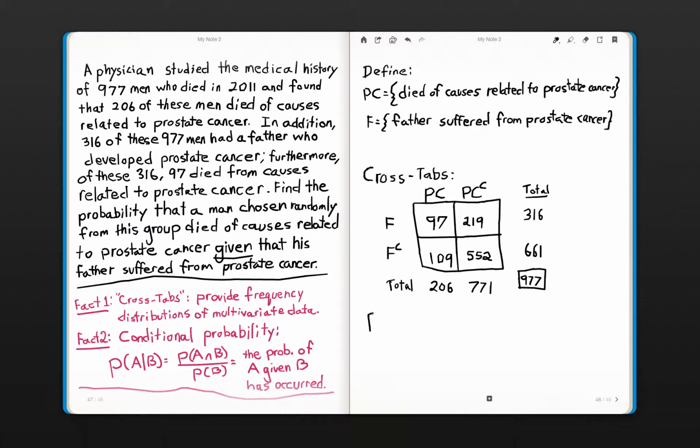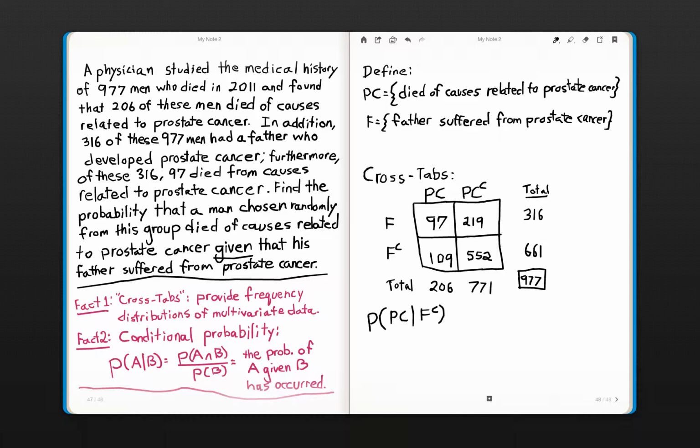So in terms of the notation of the problem, what we're looking for is the probability that a randomly selected man died from prostate cancer, given that his father did not suffer from prostate cancer. So notice I'm using F complement. That refers to this event here, but the complement of it.